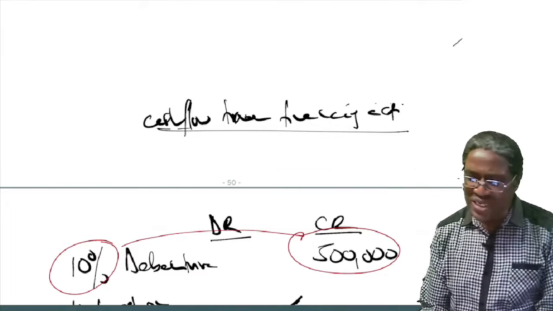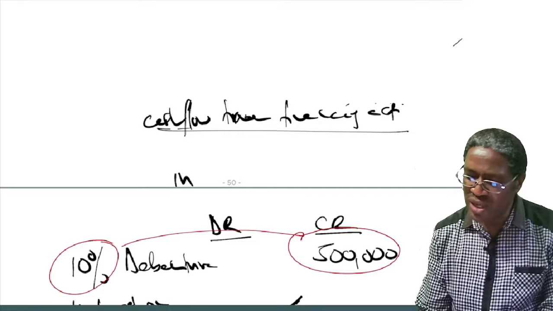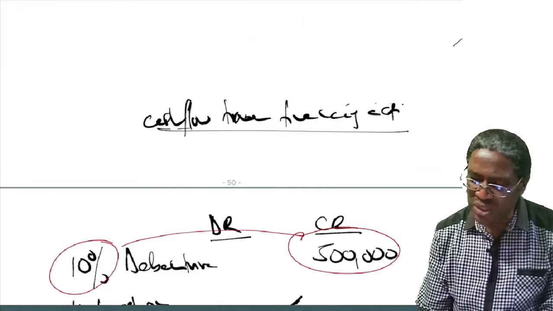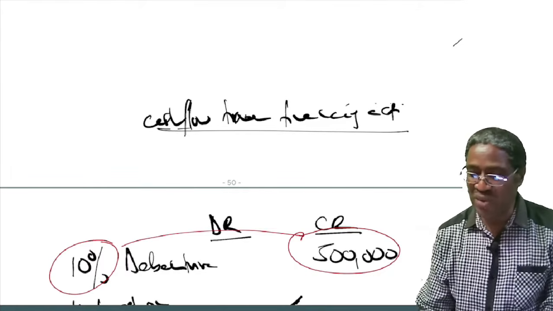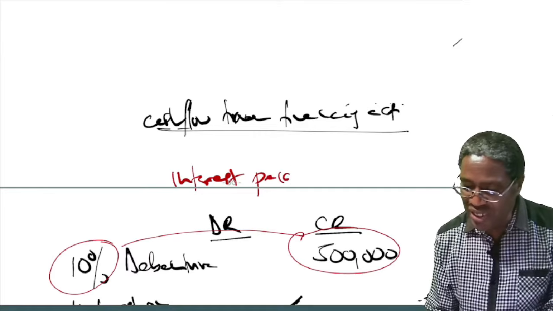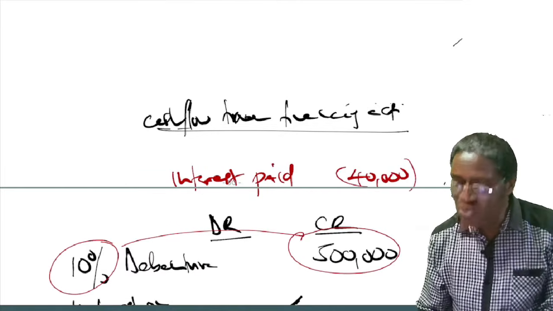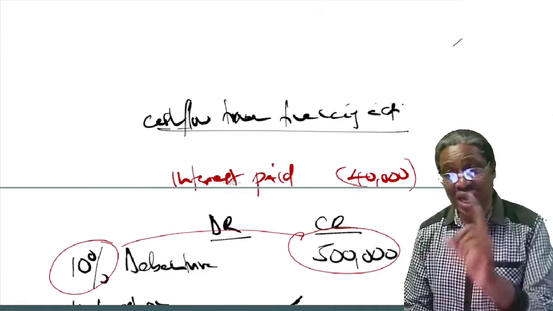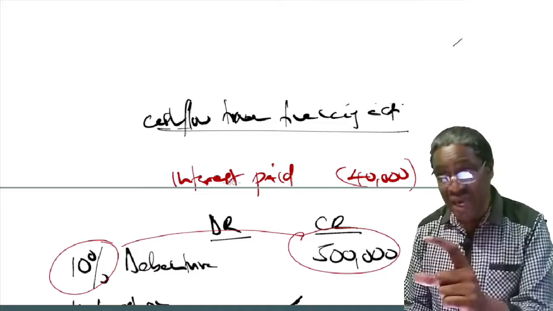So whatever interest you paid this year will go to the cash flow statement as part of the financing activities, where we say interest paid. And according to this question, you paid 40.